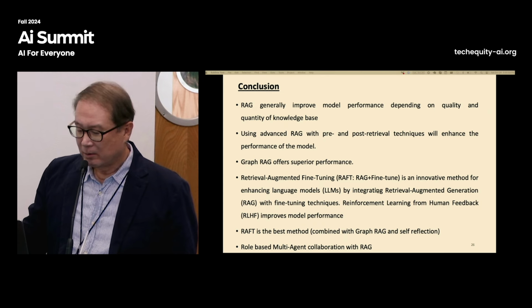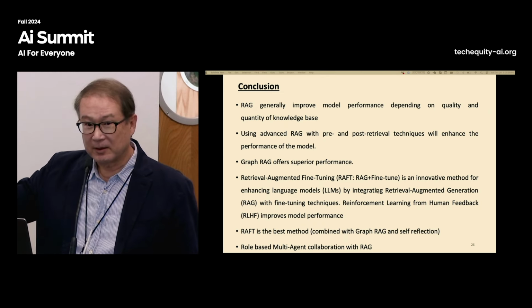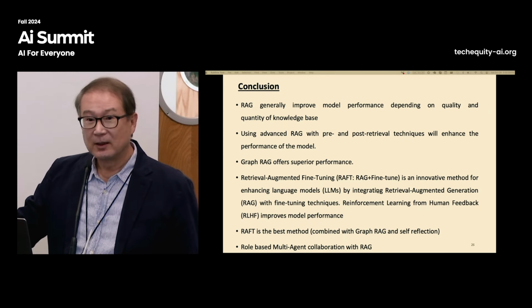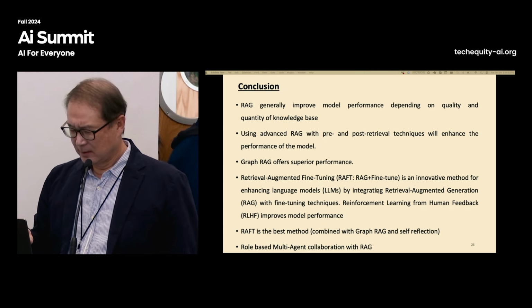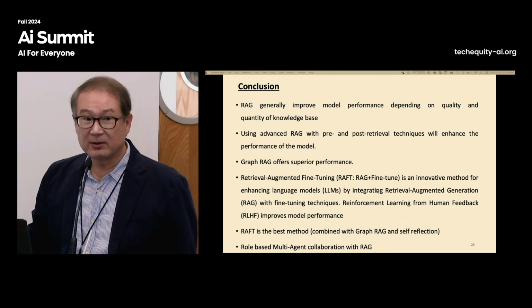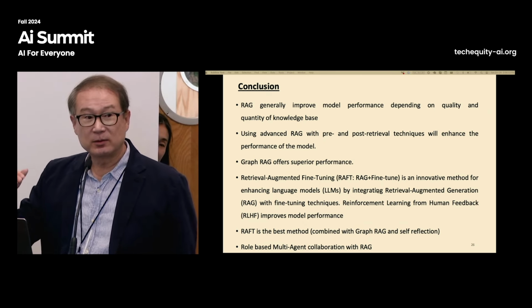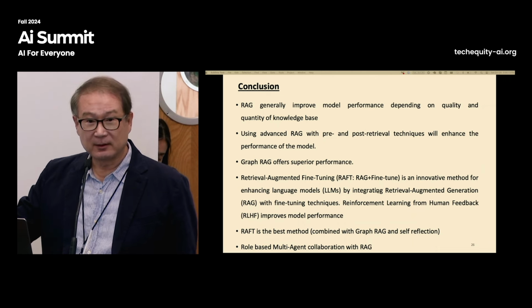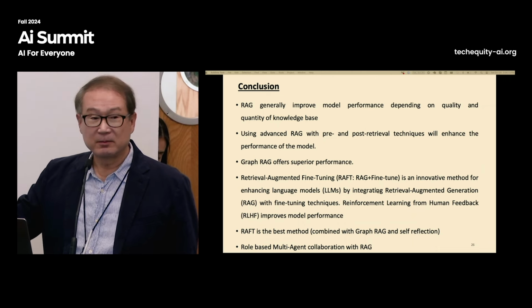So the conclusion is that we should recommend combining those two, which gives you a much better result than original RAG. And then we also recommend using graph RAG in addition to the self-reflection. So those 4 different techniques will improve the accuracy much better than your original RAG.